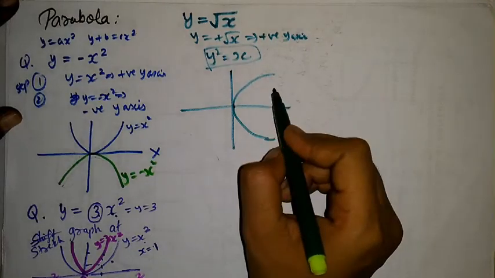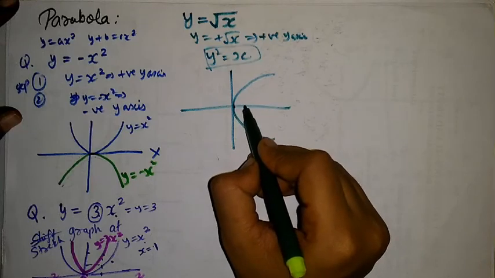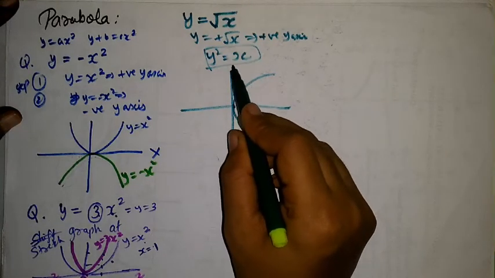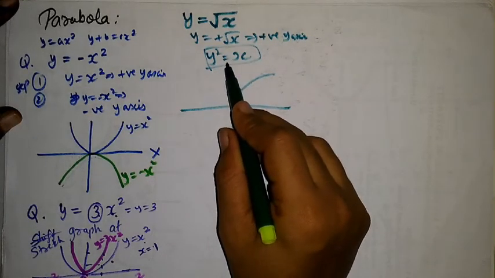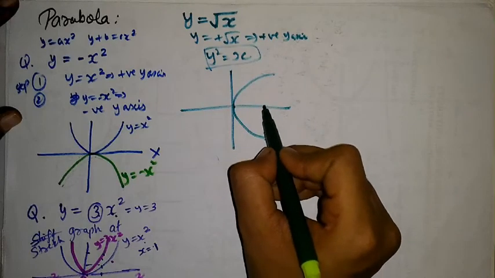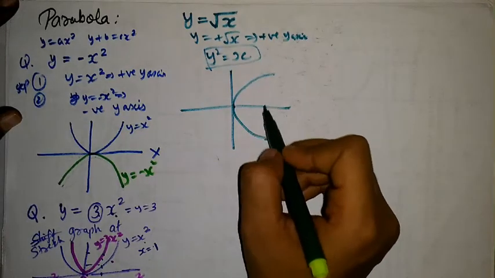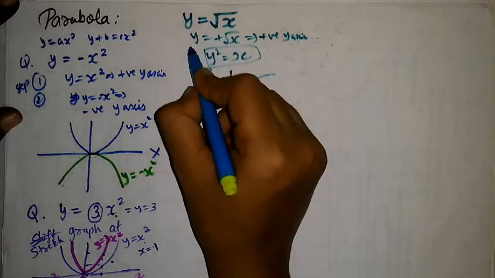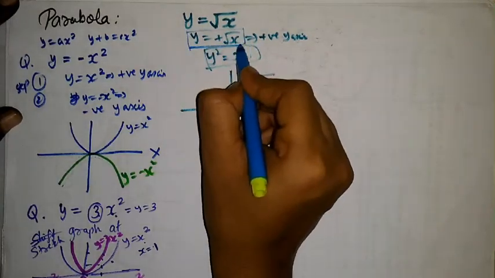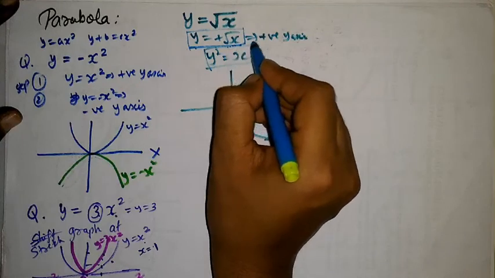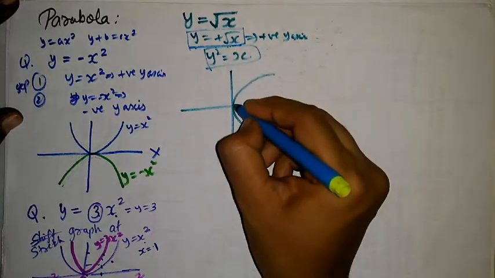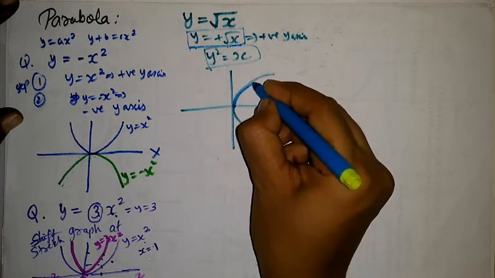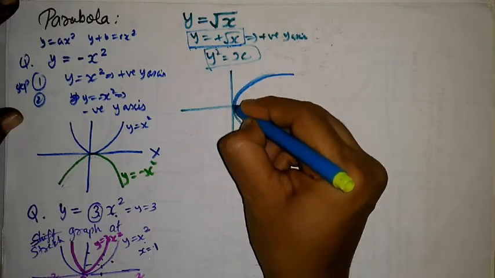So if we are asked to find the area between y is equal to x square and y square is equal to x, and another value of x is given, then you will find the whole area and you will get it wrong. So in such problems you have to take care, because here it's given y is equal to positive root x, so this graph will be only like this.